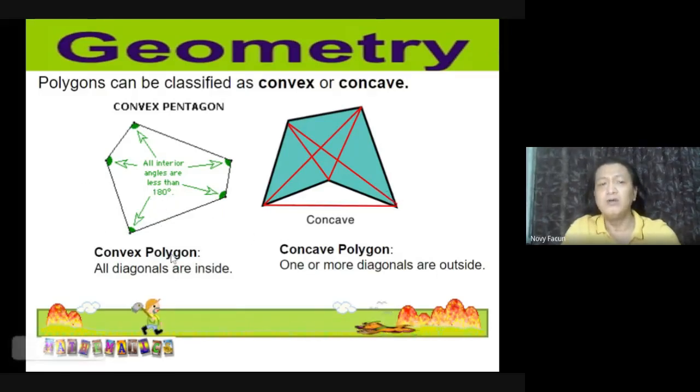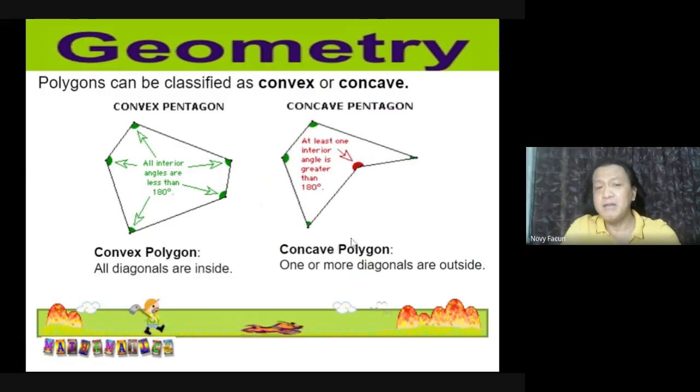And also, kapag sinabi naman natin concave polygon, at least one interior angle is greater than 180 degrees. So meron diyang isa or mahigit pang angle measure na greater than 180 degrees. So, yun yung kailangan natin tignan para masabi concave siya.